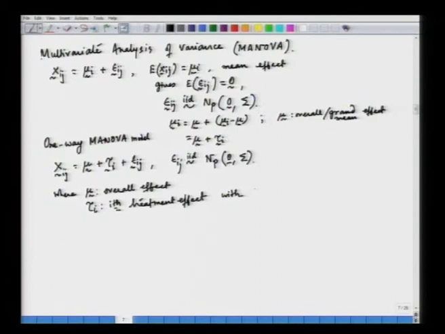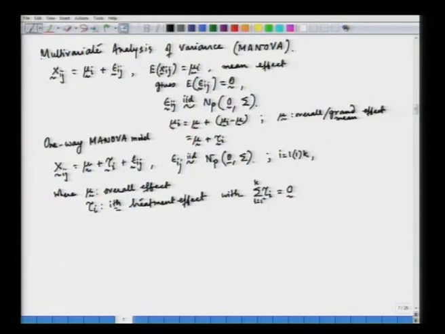So, we have a constraint that the sum of tau I from 1 to k is equal to 0. Here we said that we have k groups, so I goes from 1 to k, the same thing as saying it has k populations.